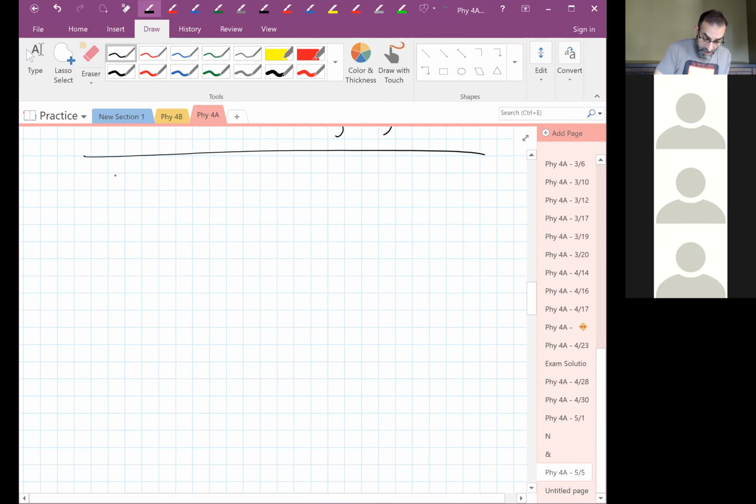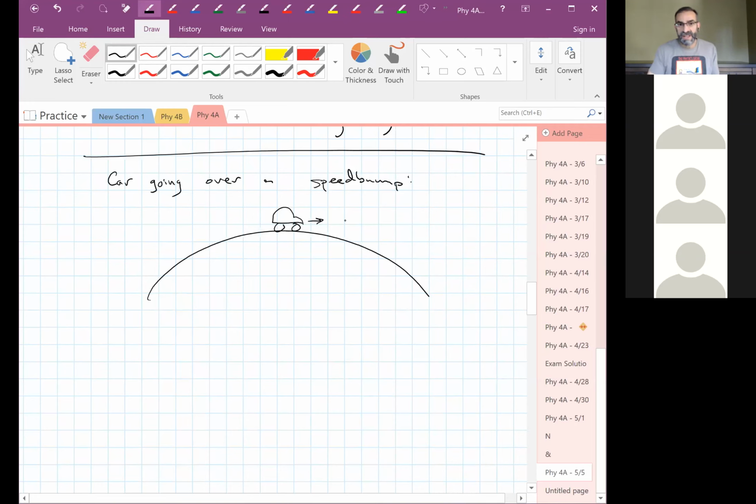Car going over a speed bump. Mine is more like a speed hill, but that's okay.